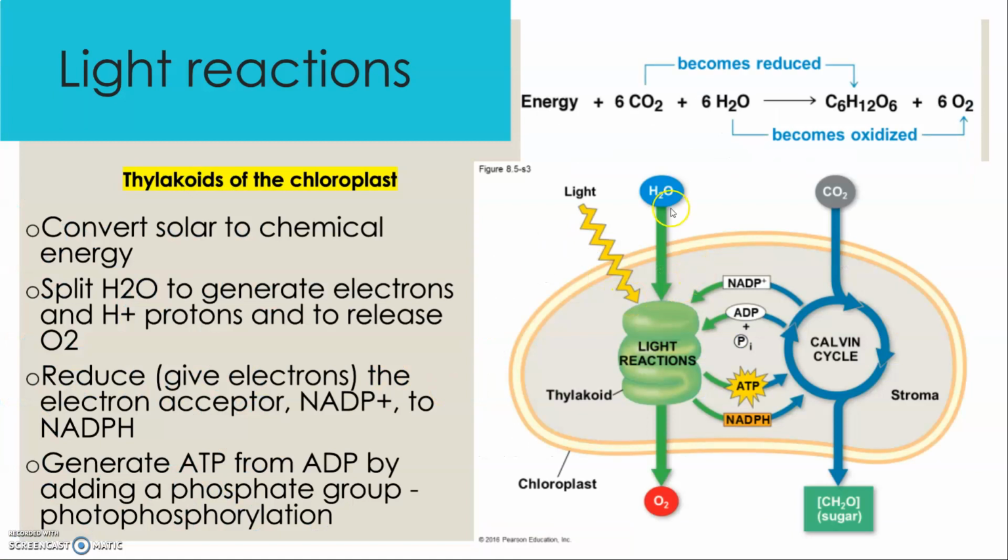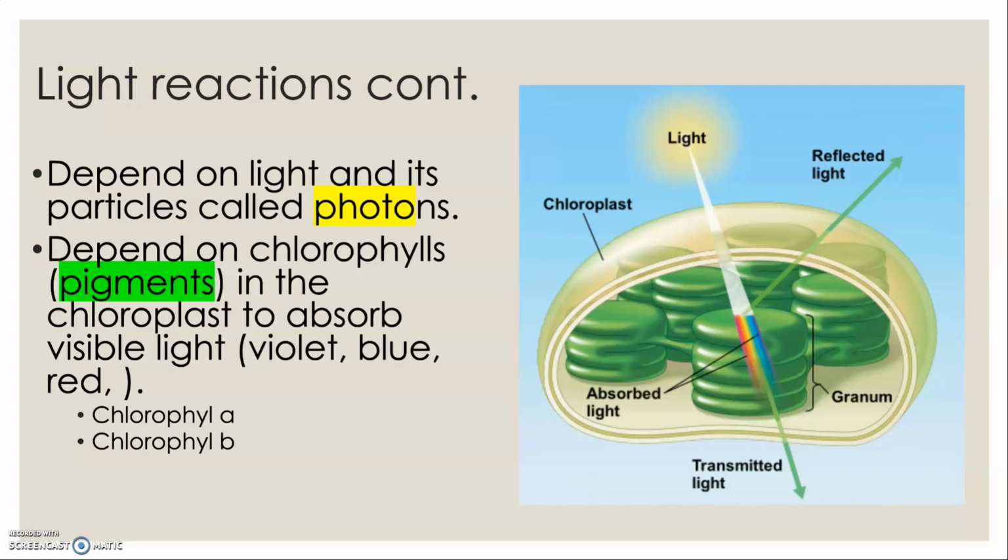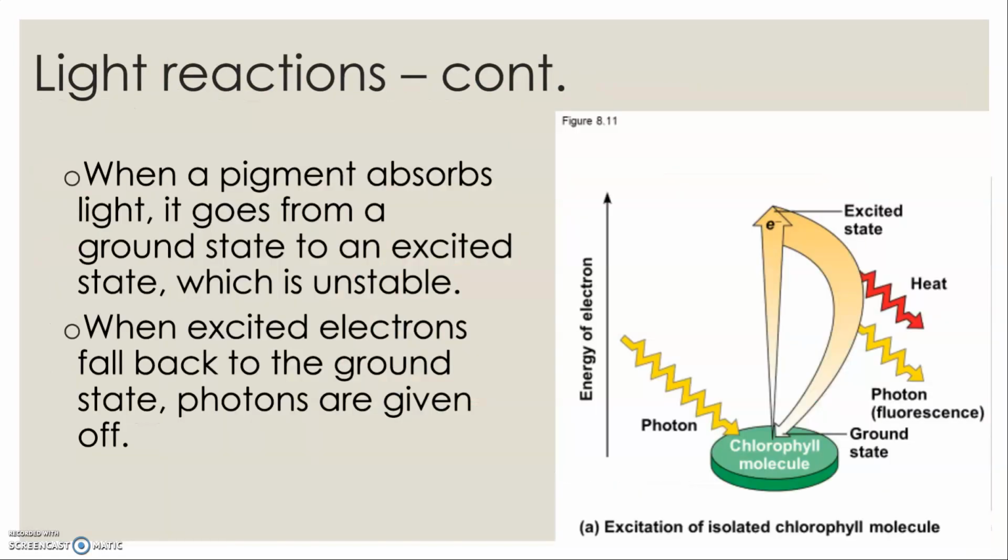We're still here. Let's see what happens when light hits the thylakoids and how the process really begins. So when a pigment like chlorophyll absorbs light, it goes from a ground state to an excited state.